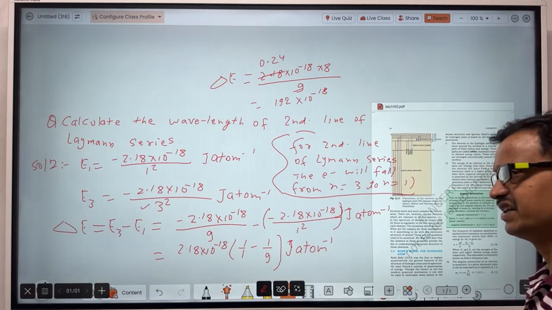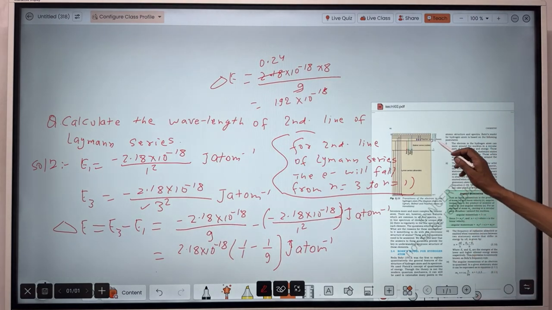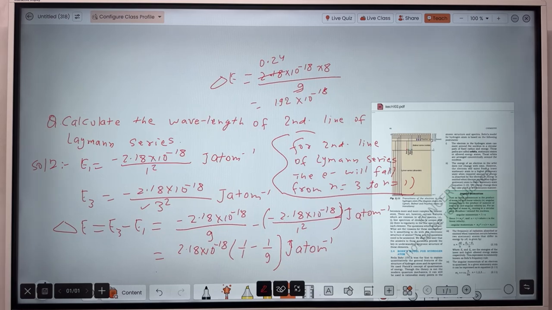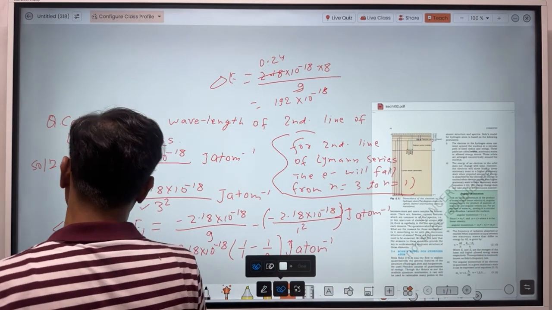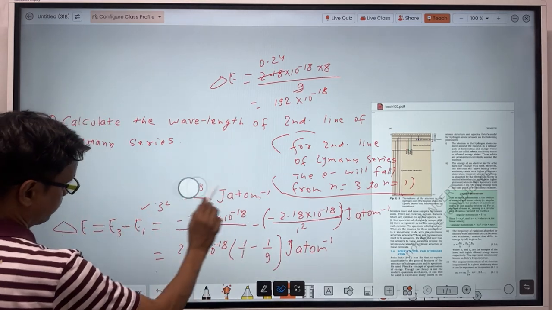So the energy of radiation emitted when the electron falls from n equal to 3 to n equal to 1, or the second line of the Lyman series, will be 1.92 into 10 power minus 18. Okay, I hope this has been written.